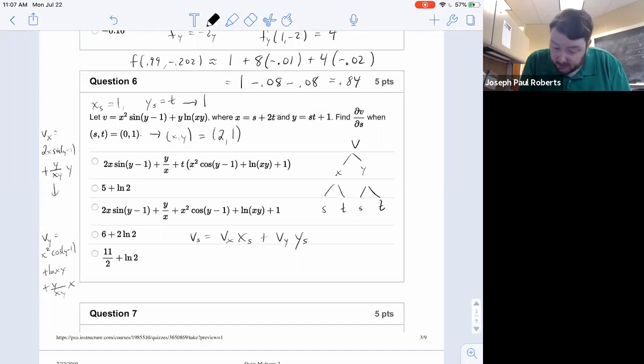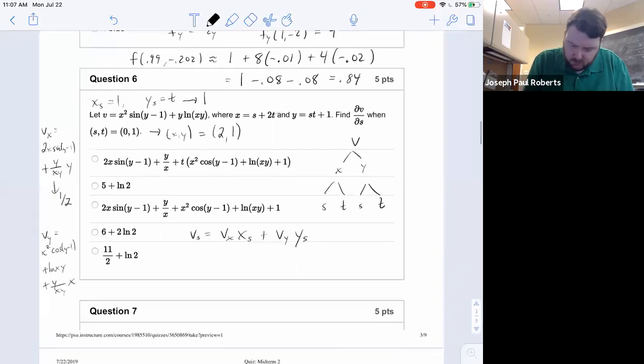So when you plug in x is 2, y is 1, you get a half as your x partial, and for the y partial, you get 4 plus natural log 2 plus 1. So 5 plus natural log 2.